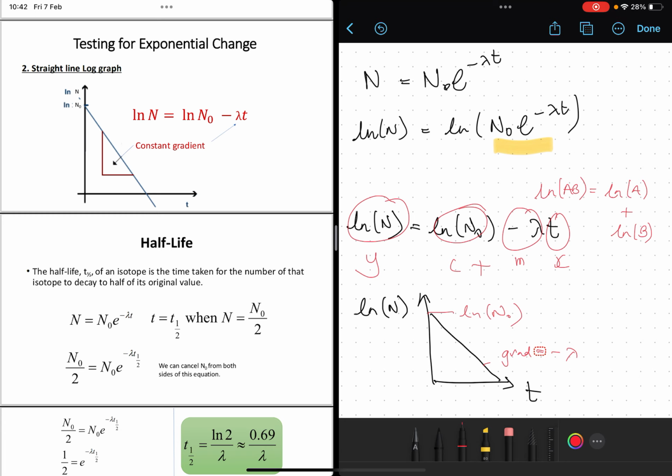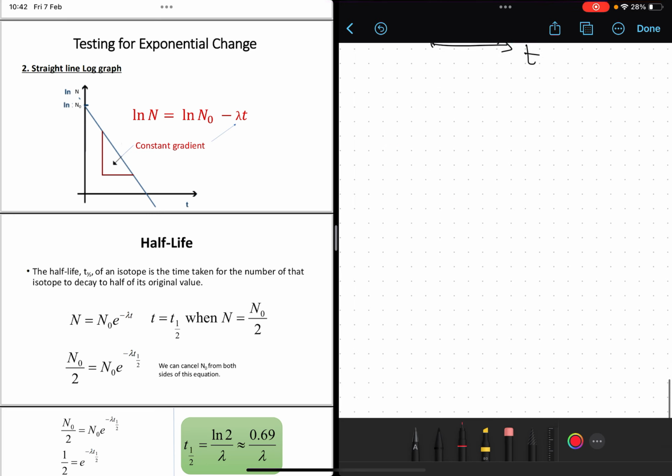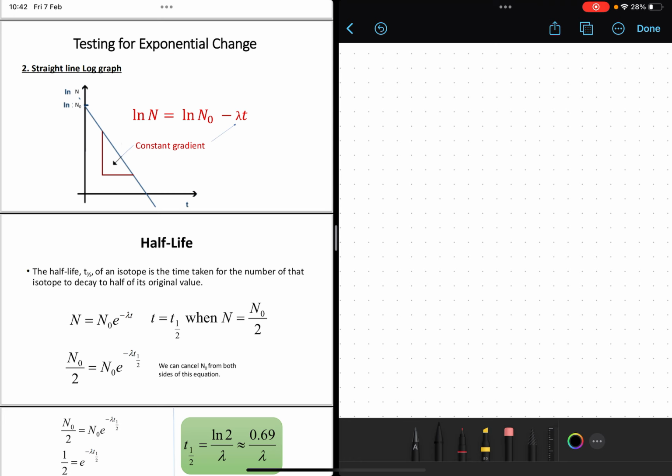Now, why might we want to work out the probability, the decay constant, from the gradient? Because it links into half-life. Now, you are already familiar with this from GCSE. It's the time taken for half the undecayed nuclei to decay. I guess we could also say it's the time taken for the activity of a substance to halve.